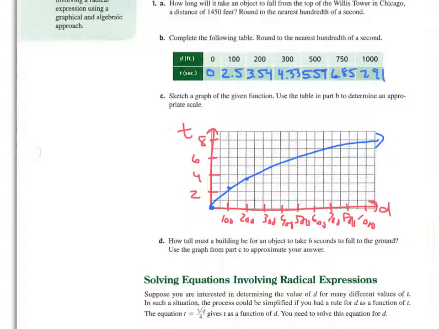We're going to use that graph to now do part D. How tall must a building be for an object to take 6 seconds to fall to the ground? My graph might not be perfect. I started plotting a few points and then I just sketched it after that.